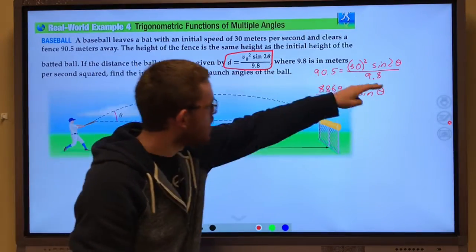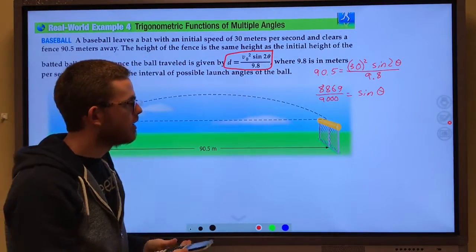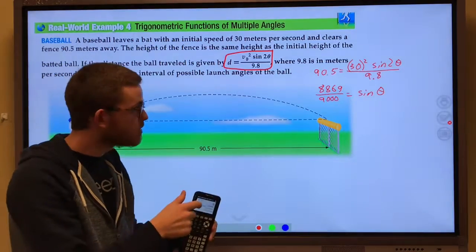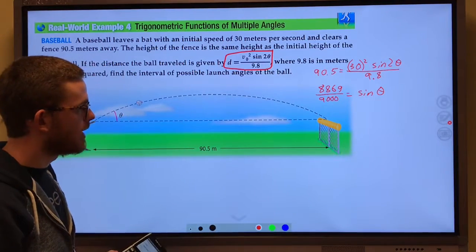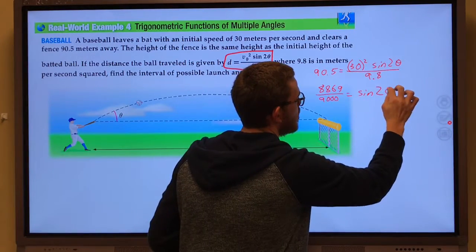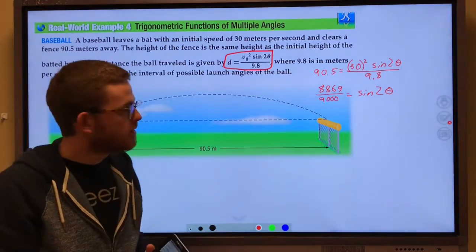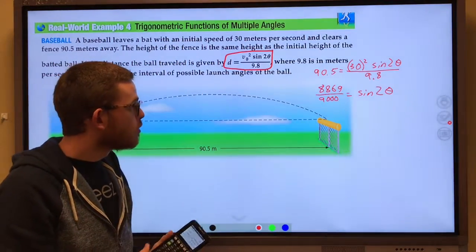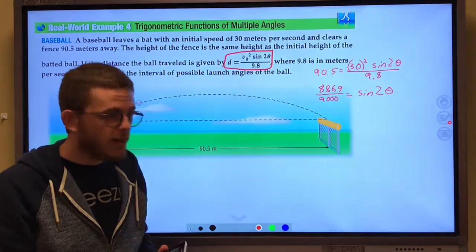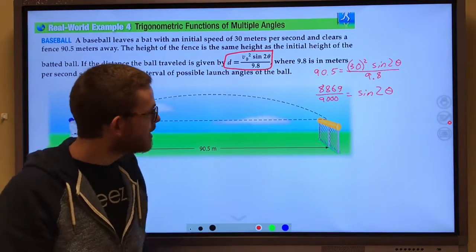As a nice reduced fraction, the calculator gives it to me. That's sine of 2 theta. I didn't get rid of that 2. That 2 is stuck inside of our sine function. So if we want to find theta, make sure your calculator's in degrees. Like I said, we're dealing with degrees, not radians.